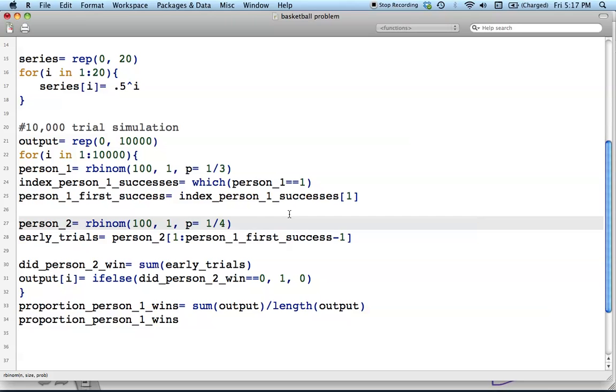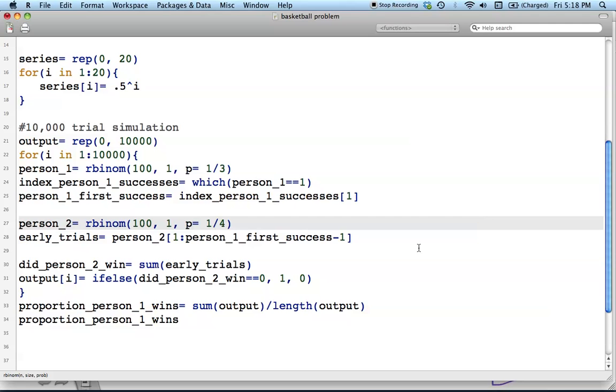Now, when I'm looking at those 3 shots, if any of those trials was a success, then person 2 would have won this little shooting contest. And so that would not count towards the chances of person 1 having the first success, if that makes any sense.